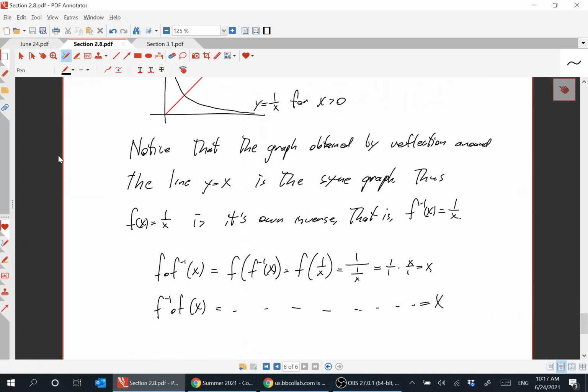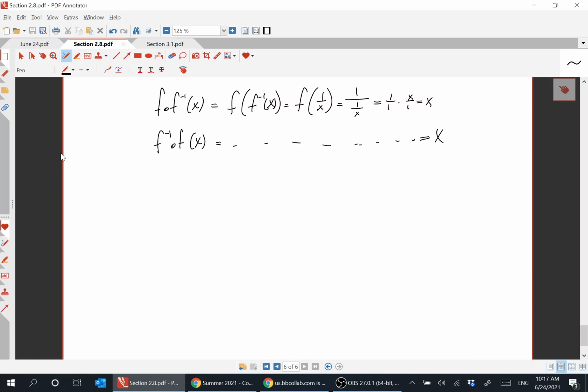All right. So what about other functions? How do you find inverse functions algebraically?